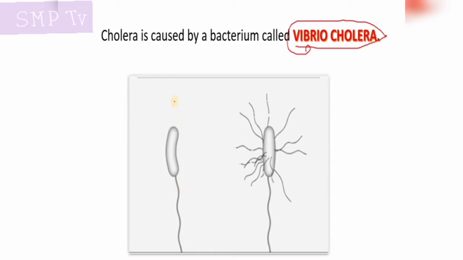This is how it looks like. So we have one here, the Vibrio cholerae, and then another Vibrio cholerae. When it gets into your body, it will bring the cholera. So the bacterium that causes cholera is Vibrio cholerae.